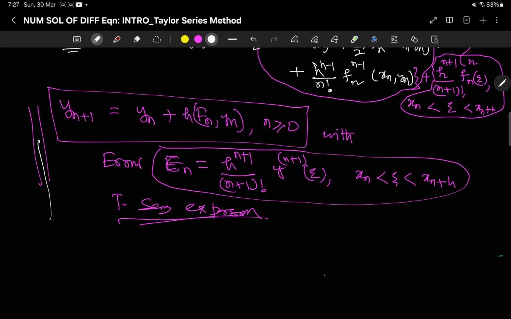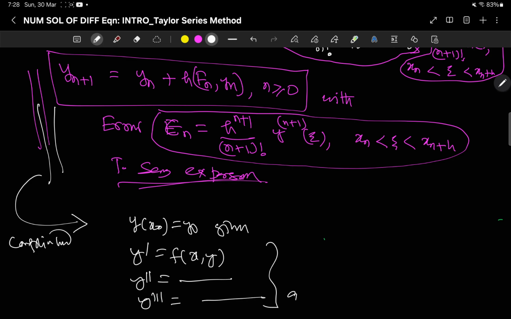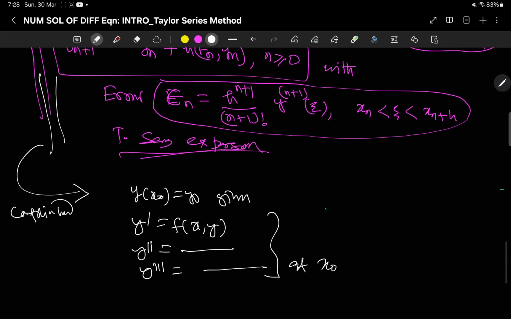If we move in this way, it will be a little bit complicated, in the sense that first we find y(x0) is y0 given. We find y dash equal to f(x,y), and we find y double dash by implicit differentiation, and y triple dash, and at x0 we compute these values.